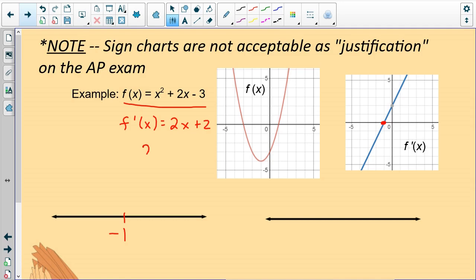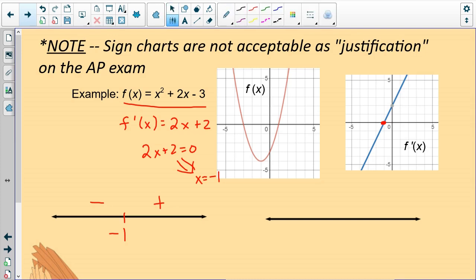So if I set 2x plus 2 equal to 0, that means that x equals -1 is the value where f prime of x equals 0, which I can see from the graph. So if I'm looking at this, I might go negative, positive. One thing that's really important to note is that I did not label my mini graph. So if I don't label my mini graph, the AP graders will never even look at it. They have no idea what you're talking about.